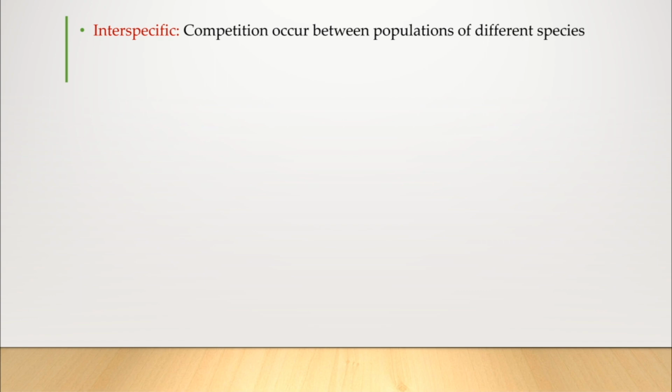You have little fish in a certain area, and two different big fish that want them as their food source. Their survival depends on these little fish.